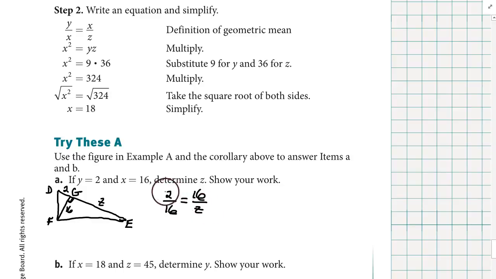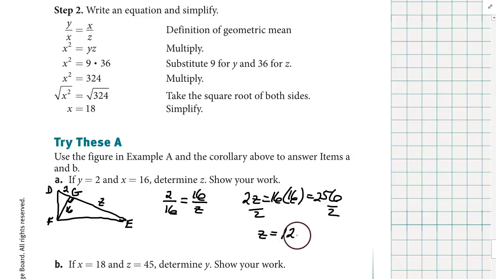The 2 is the short piece of the hypotenuse. The 16 is the altitude. Over here, we have that 16 again, and then z is the long part of the hypotenuse. We can solve this with cross multiply. 2 times z equals 16 times 16. 16 times 16 is 256. Now divide both sides by 2 to get z alone. And we get 128.